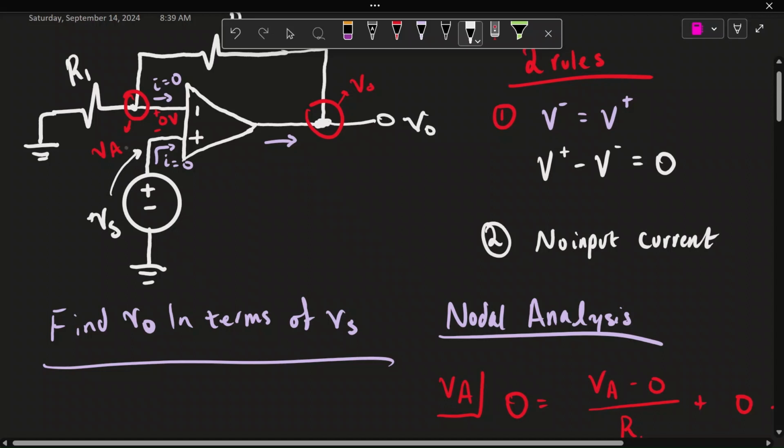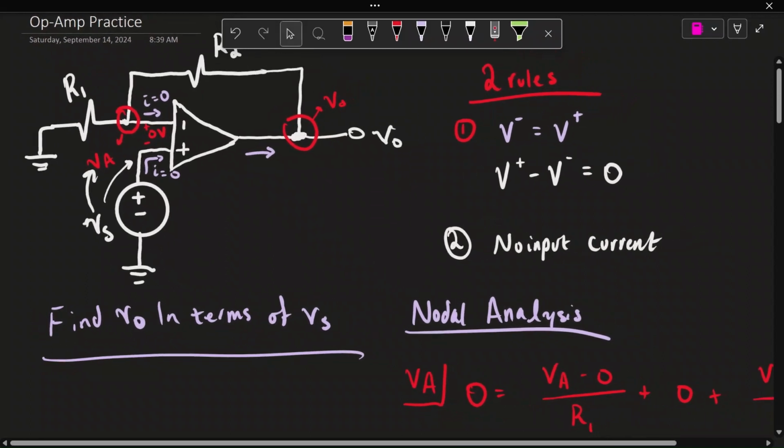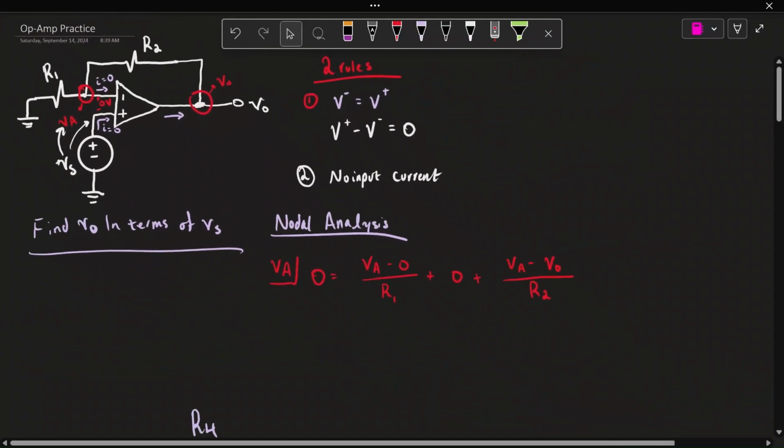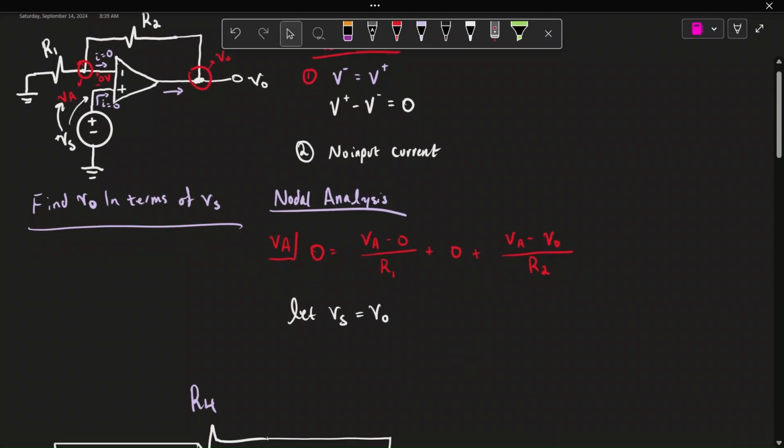If that's true, that means VA is equal to VS, because there's no potential difference across the inputs of our op amp. So we can let VA equal VS.